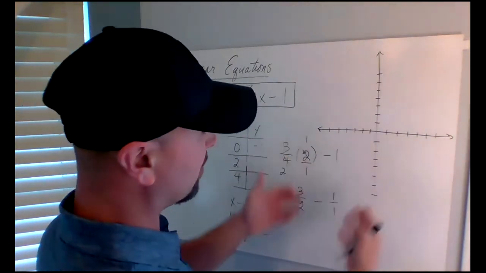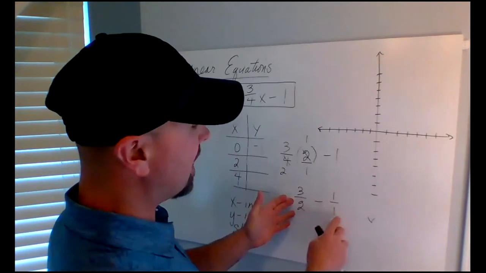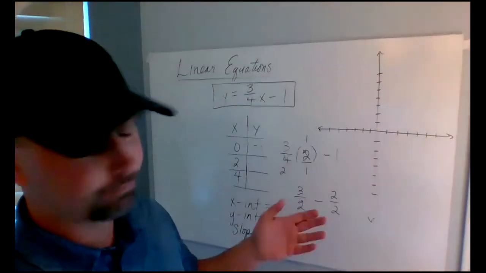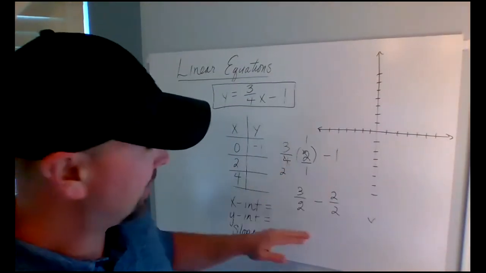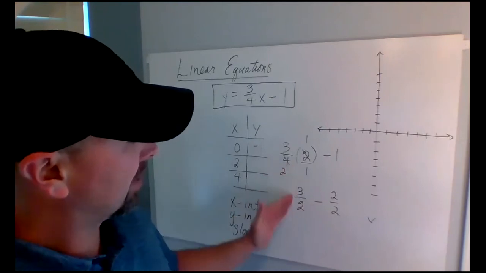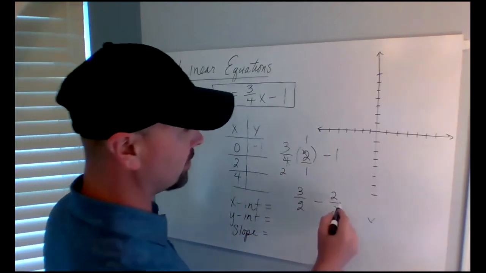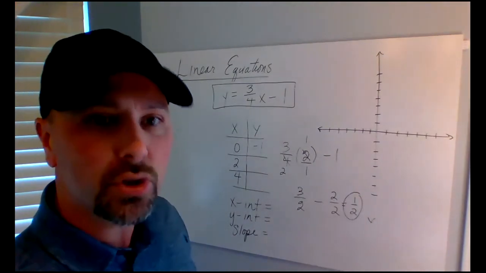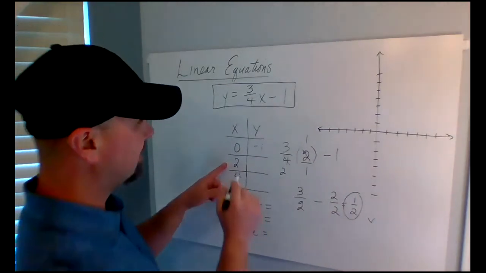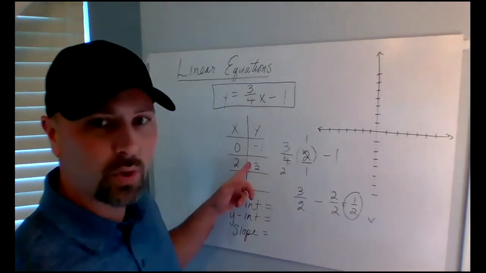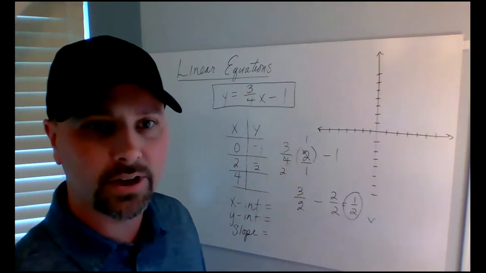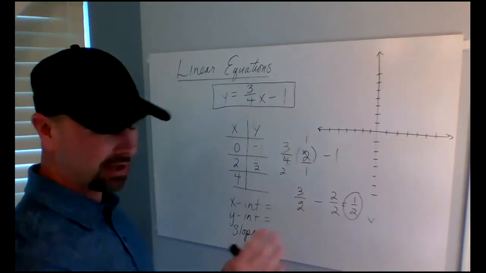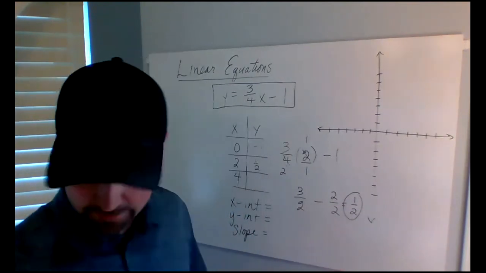And I need to raise 1 over 1 up to where it has 2 as a denominator, which really means 2 over 2. 2 over 2 is still 1, but now I can actually subtract these. So 3 halves minus 2 halves equals 1 half. Yet another reason they probably should not have picked 2 for x, because now we're left trying to find where 1 half is on the y. Not a good deal, okay? So I'm actually going to add a 4th point on here with 8, so we can get an accurate line.